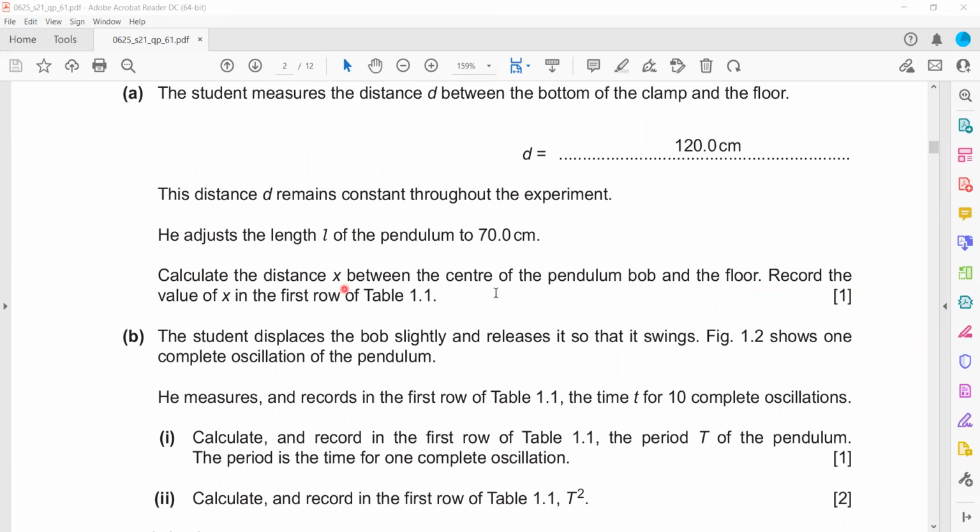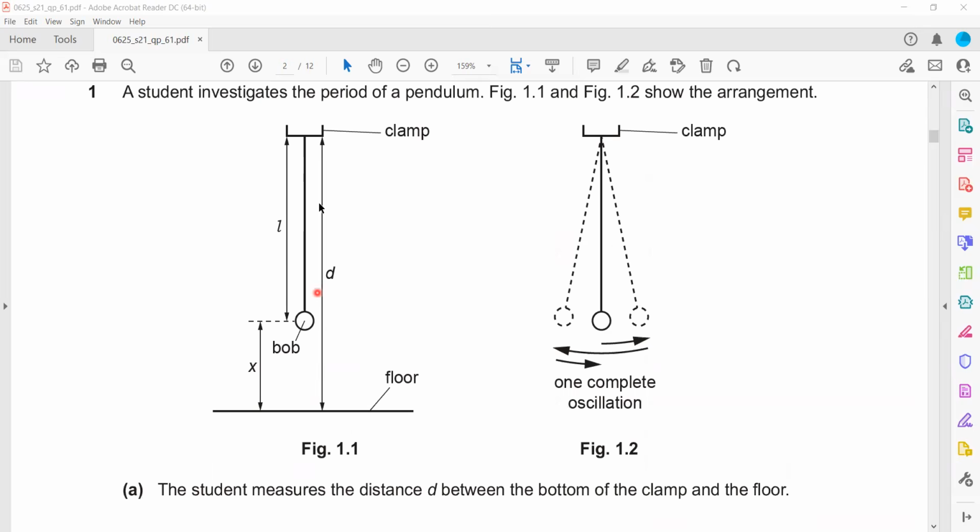Calculate the distance x between the center of mass of the pendulum and the floor, and record this x in the first row of table 1.1. So if this distance is 120 centimeter and the student adjusted the length to be 70 centimeter, what will be length x?